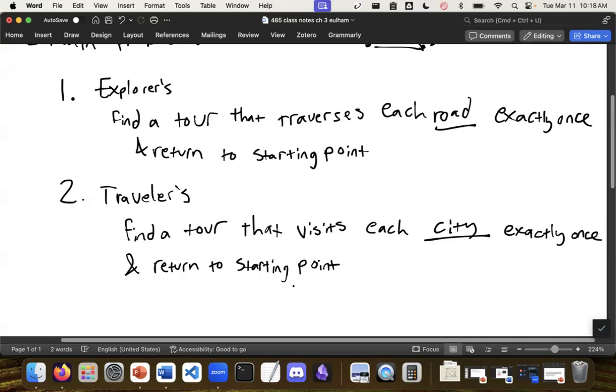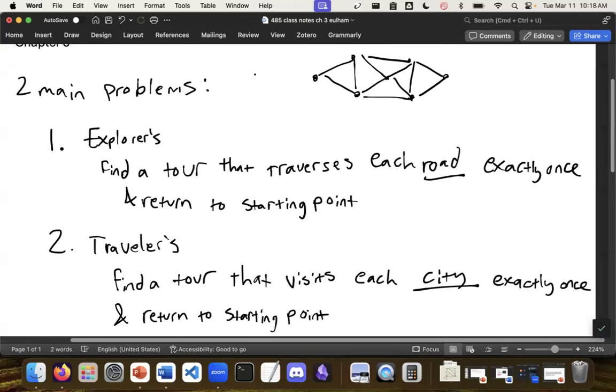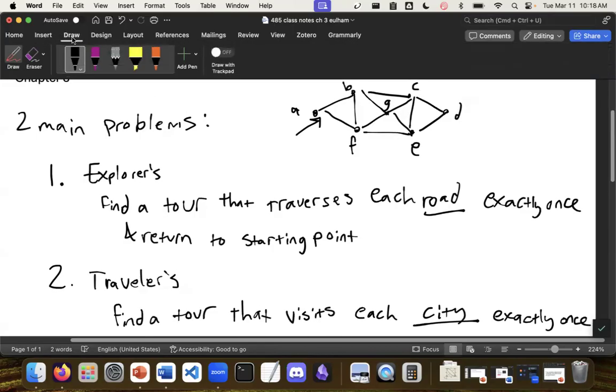So let's label these: A, B, C, D, E, F, G. This is our map of cities. For an explorer, let's say we start at A. There are a couple of different ways to do it in this graph. Let me write out the tour and then I'll draw it on the graph.